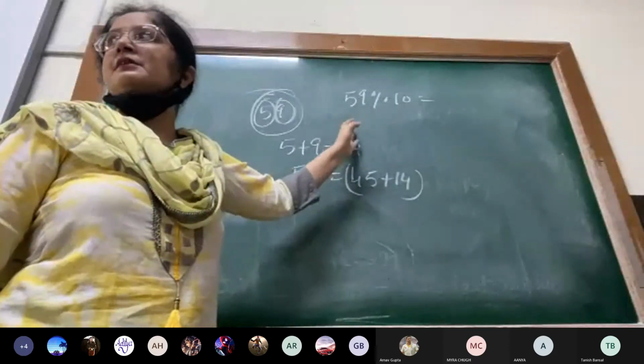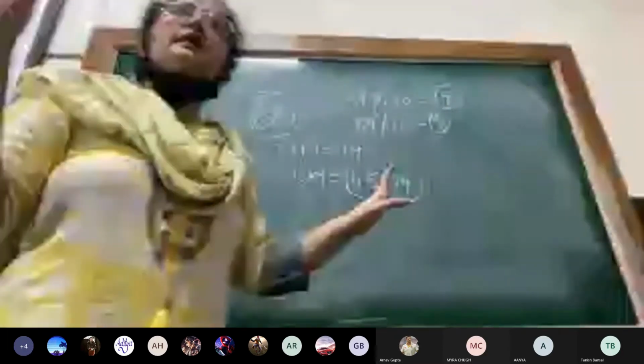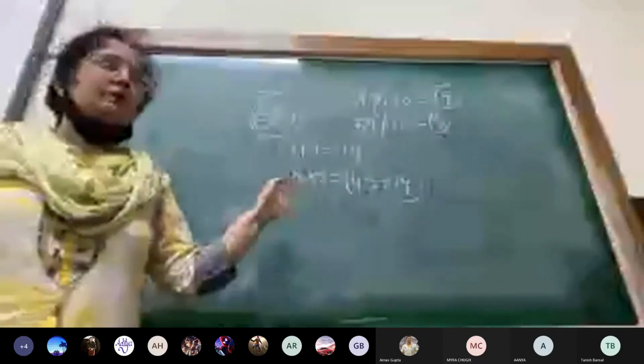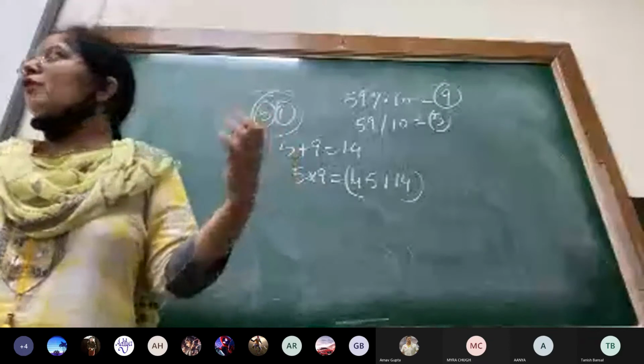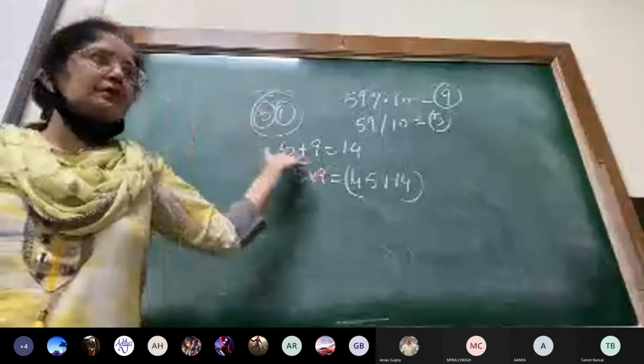So 59 percentage 10 will give you what? 9. And 59 divided by 10 will give you what? 5. Both the digits are separated. Add them. This question was in the board examination. Nothing difficult.